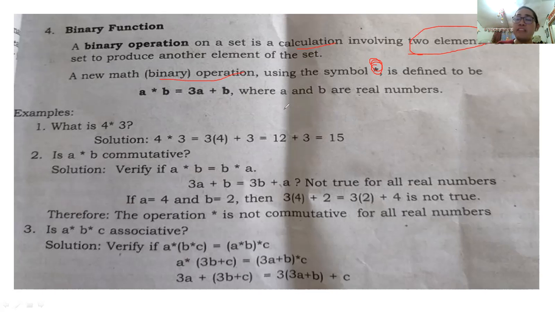So in binary operations, I want you to remember there are only two operations that we can use in here. We have the multiplication, we also have the addition. So please do not forget that one. The binary operations are the addition and multiplication, and it is denoted by the symbol asterisk, as you can see. So let's have an example. What is the binary operation of 4 and 3?